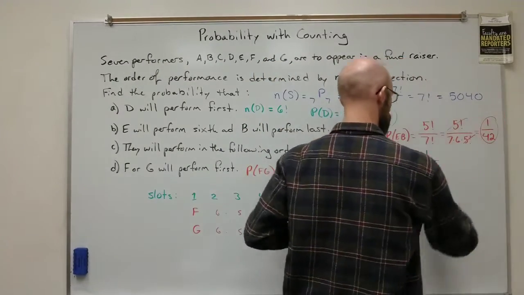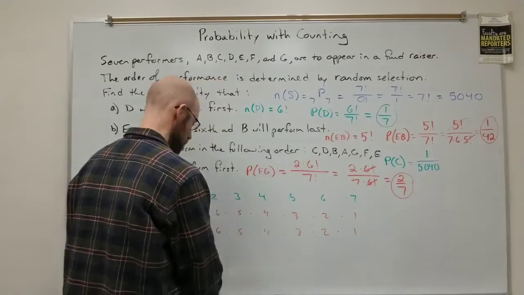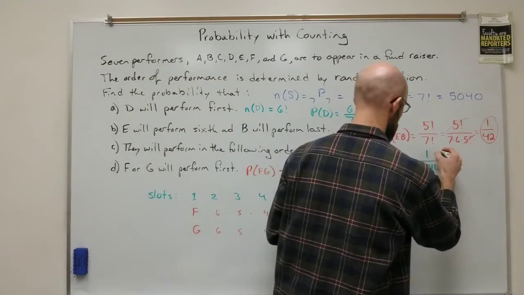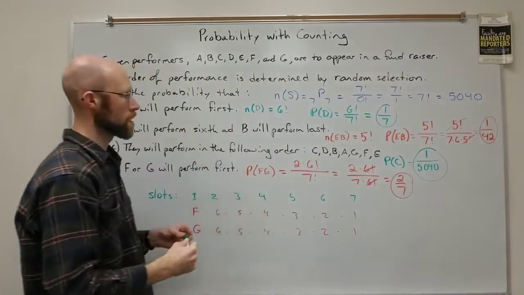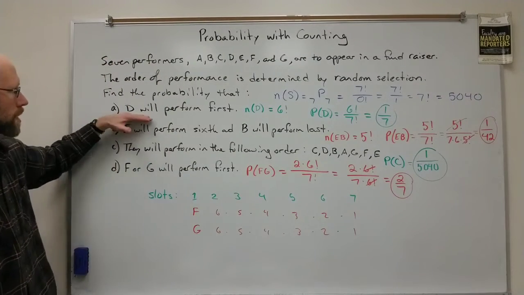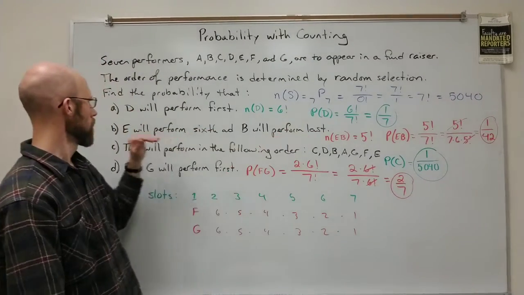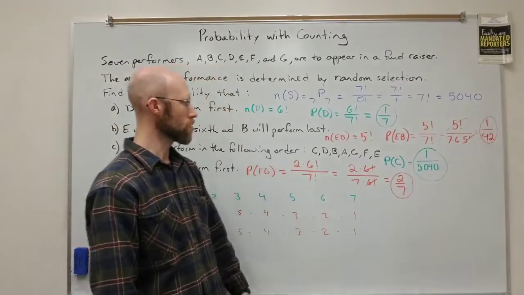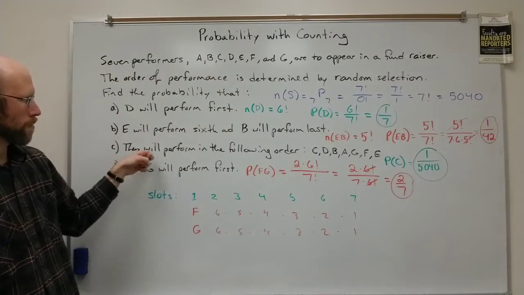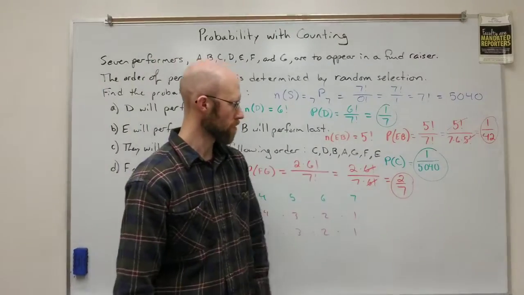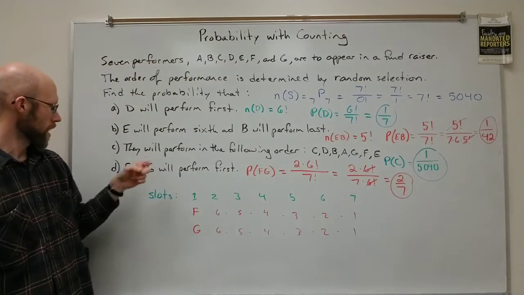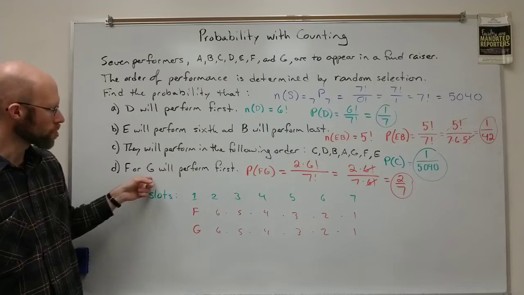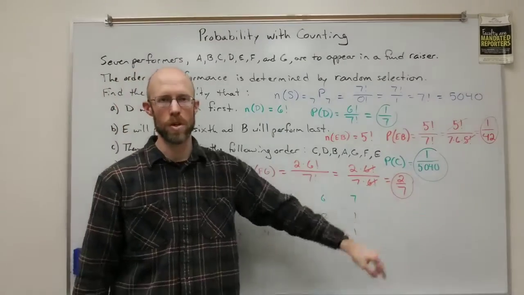So here's all 4 of my answers for the corresponding probabilities. Probability that D is performing first is 1/7. Probability that E performs 6th and B last is 1 out of 42. Probability that they perform in this particular order is 1 out of 5,040. And the probability F or G will perform first is going to be 2 sevenths.